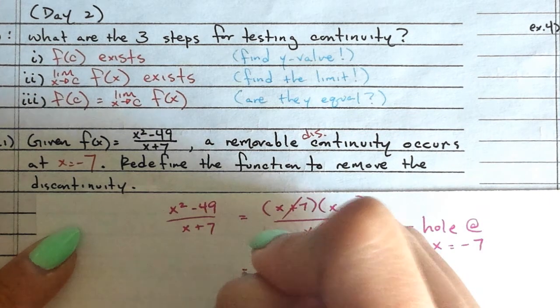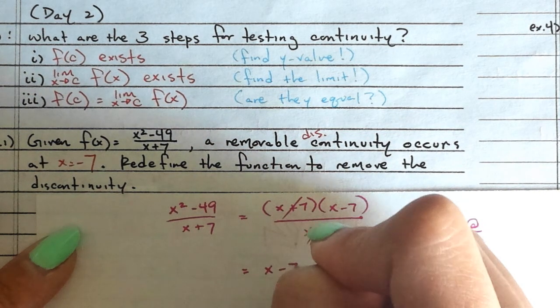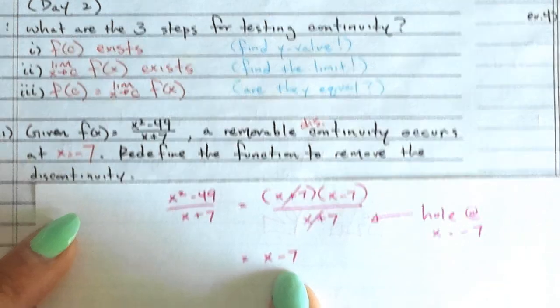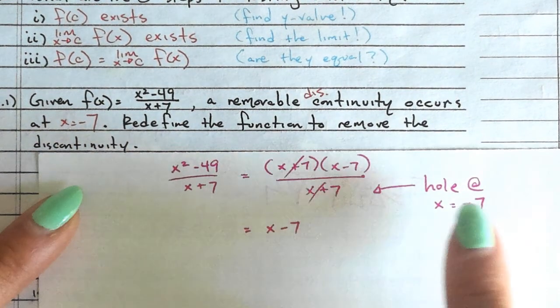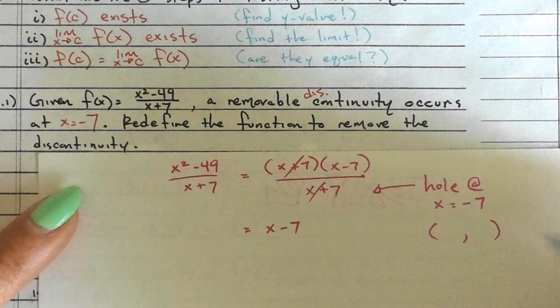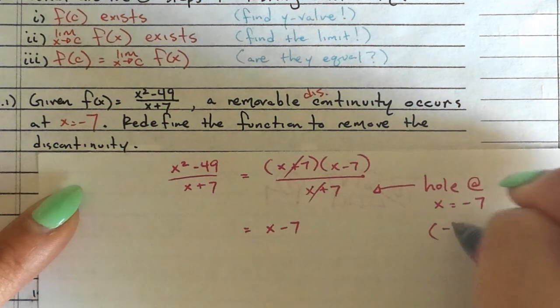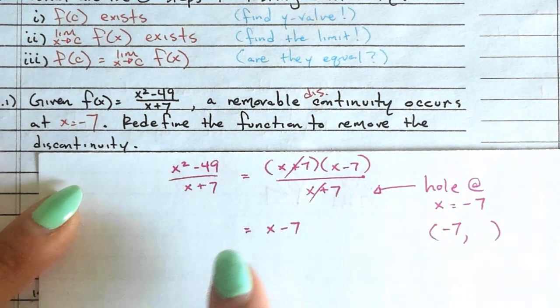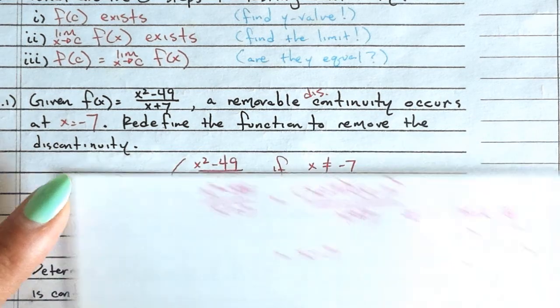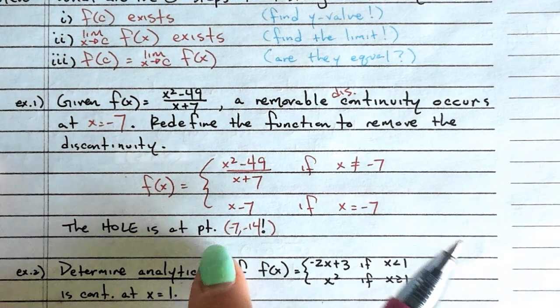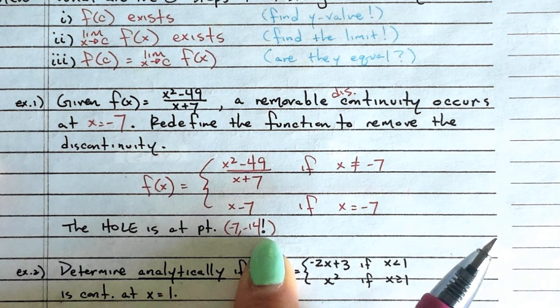This function now reduces to x minus 7, because if we divide that away, we get x minus 7. Okay, our hole is at x equals -7, but that's not a hole. A hole is a point, right? So you have a -7. How do you find this? Well, this is a new function. You plug that into that. What do you get? You get -14.